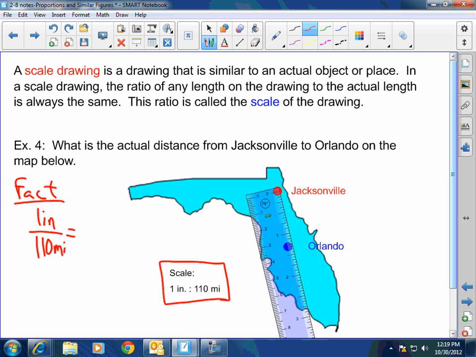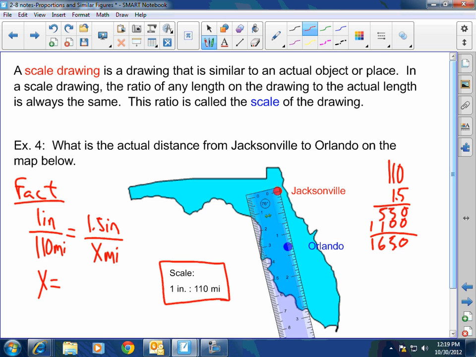So I've got 1.5 inches equals X miles. How do we solve? Cross multiply. X is going to equal 110 times 1.5. 110 times 1.5 is 165 miles. Done. Done and done.